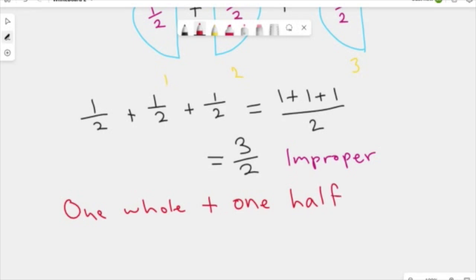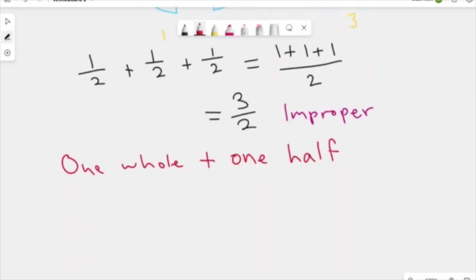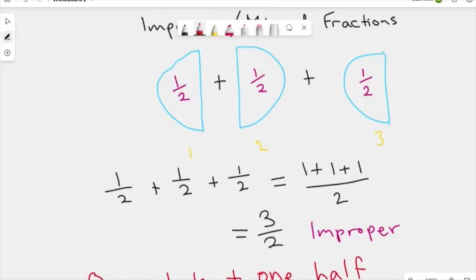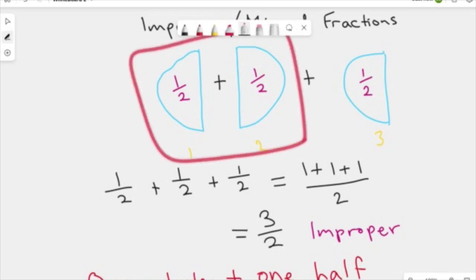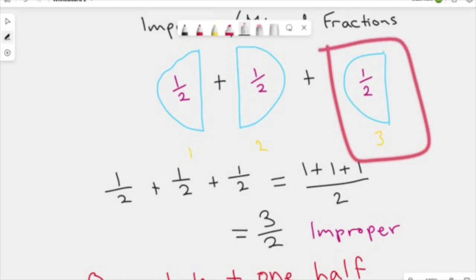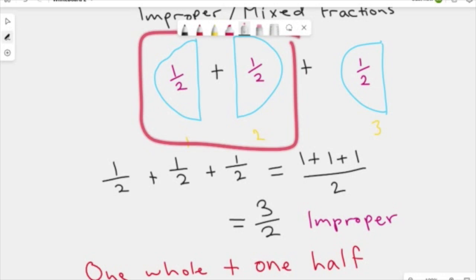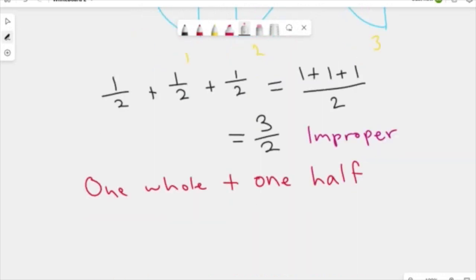Now, we are going to express this as a mixed fraction here. So we have our two halves, which make up a whole. If I were to take these two as separate elements, so this is one, that's my whole, and this is my half. So in this section here, I'd have 2 over 2, essentially, right? So I'd have 2 over 2 plus 1 over 2, my remaining half.